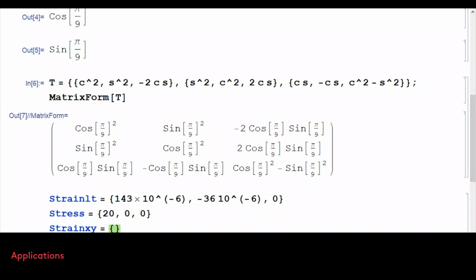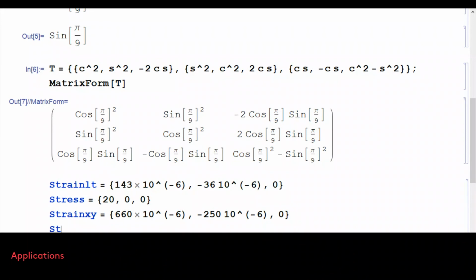So the strain in the X direction is 660 10 to the power minus 6, and next minus 250 10 to the power minus 6, and 0.